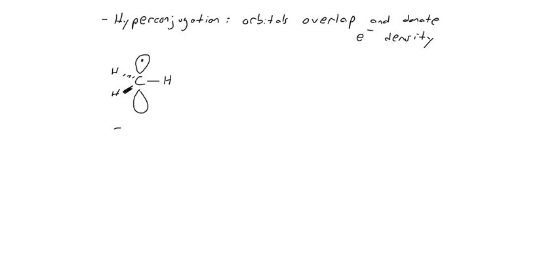And this is sp2 hybridized because we only have 3 substituents. We only have the 3 hydrogens bonded to that carbon. So that means it's going to have to be sp2 hybridized. And remember that sp2 hybridized carbons are planar. So we can think about these hydrogens as being all in the same plane, and then this p orbital here is coming out of that plane. It's perpendicular. In this case, there's no extra orbitals to overlap into that p orbital.